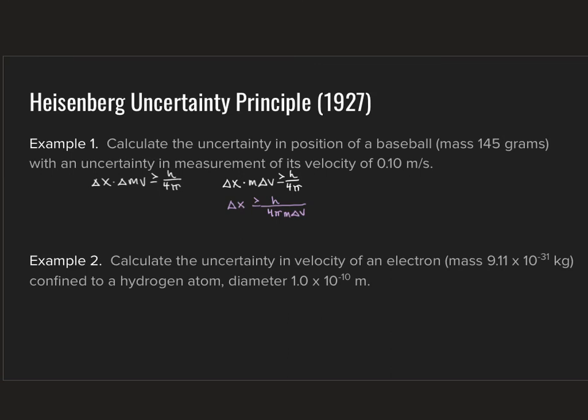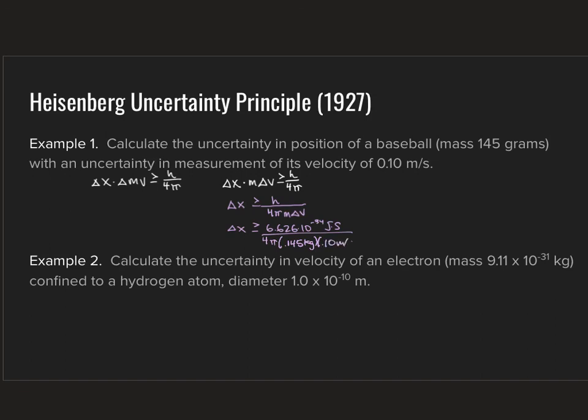Now we'll plug in our numbers. We've got Planck's constant of 6.626 times 10 to the negative 34th joule seconds divided by 4 pi times the mass. I'm going to put the mass in kilograms, for reasons you'll see in terms of canceling, because recall that a joule is a kilogram meter squared per second squared.